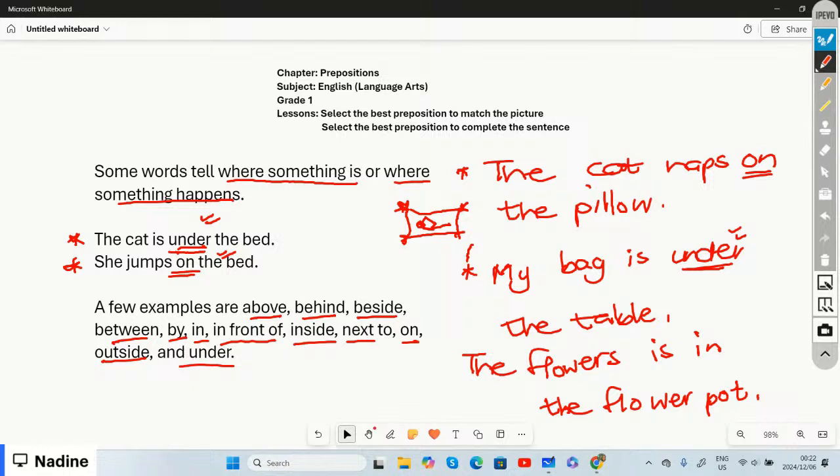What is our preposition? Where is the flowers? Because remember, we said our preposition tells where something is. So the flower is in the flower pot. We need to say where something is.